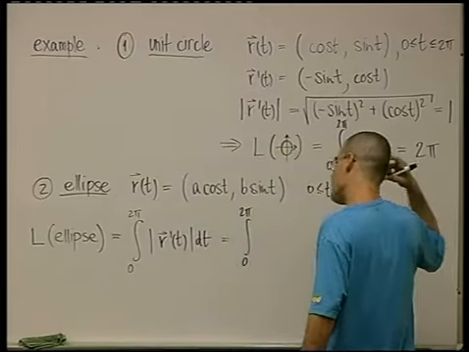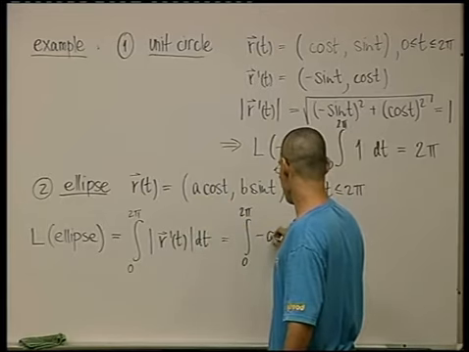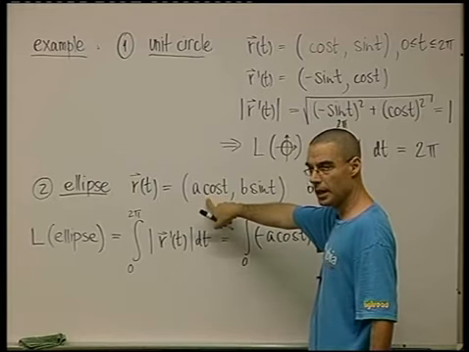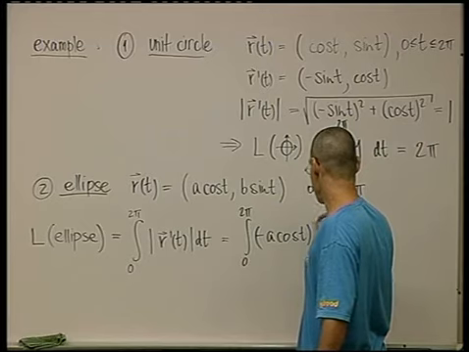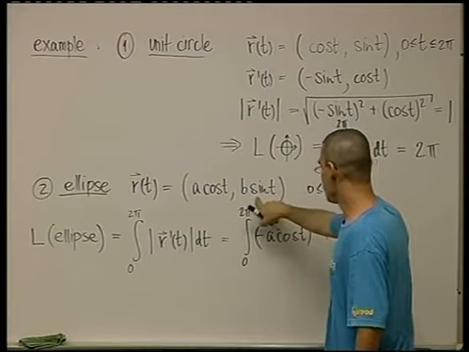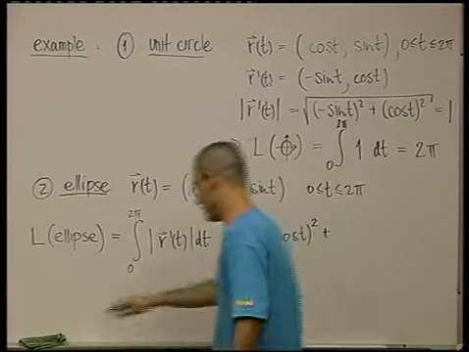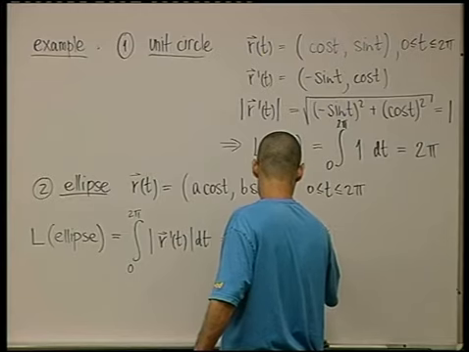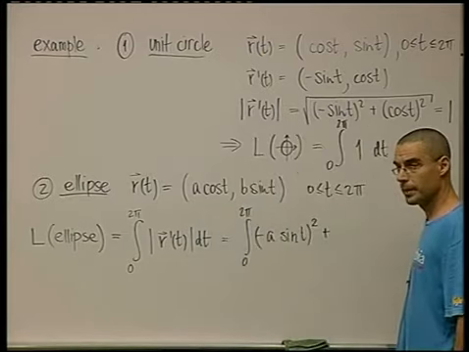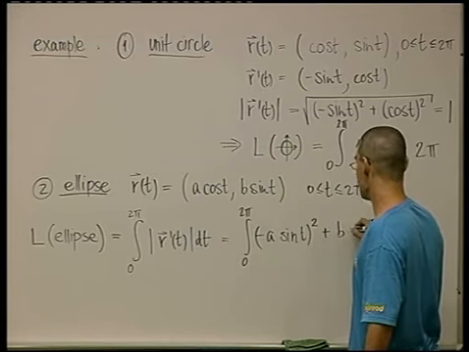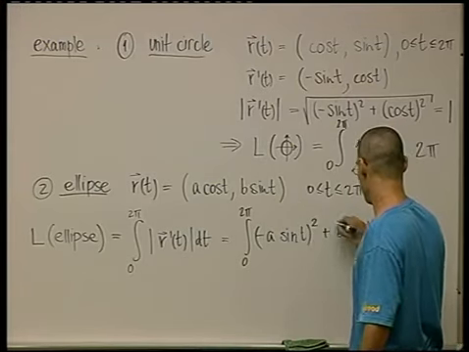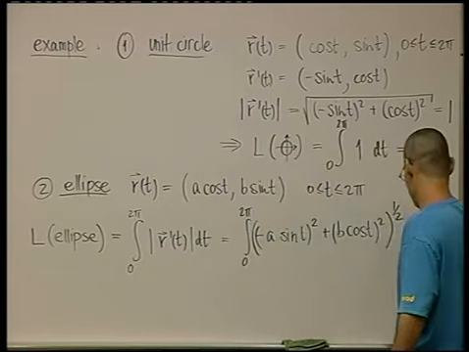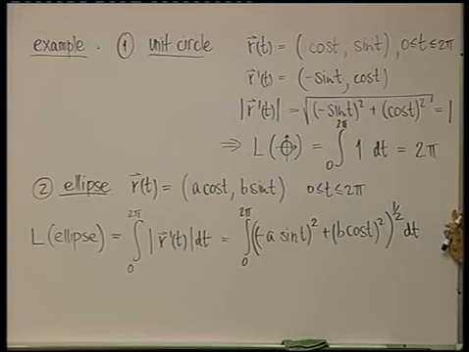So r prime is minus a sine of t for the i coordinate, and then I need to square it and add b cosine of t, square it, and then take a root, dt. Do you agree? Everybody good?